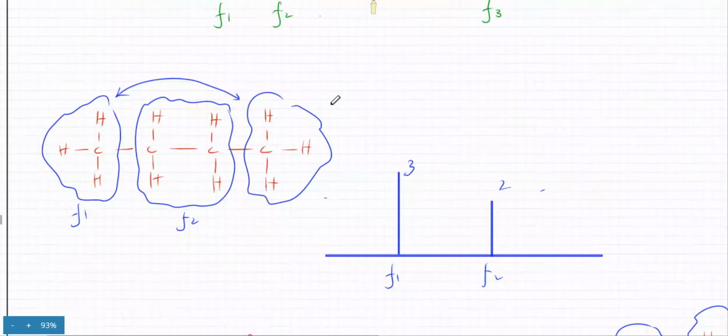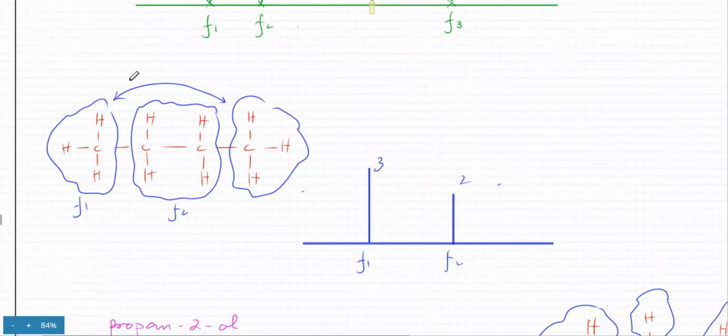Similarly, we did this structure, a butane molecule. These hydrogen protons and these hydrogen protons are in exactly the same chemical environment, since the atoms they're bonded to are exactly the same. So these two would resonate at the same frequency, which is F1, whereas these four hydrogens have exactly the same frequency.